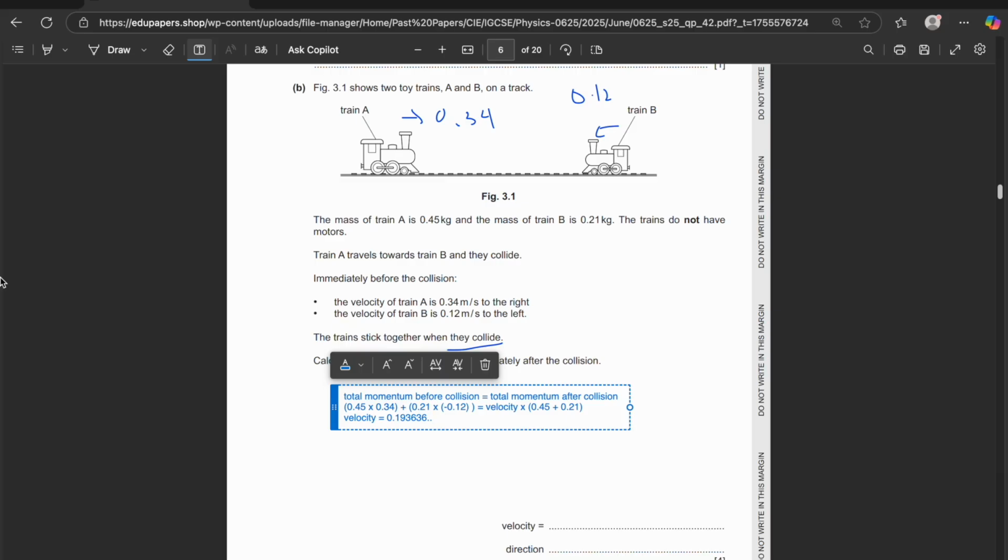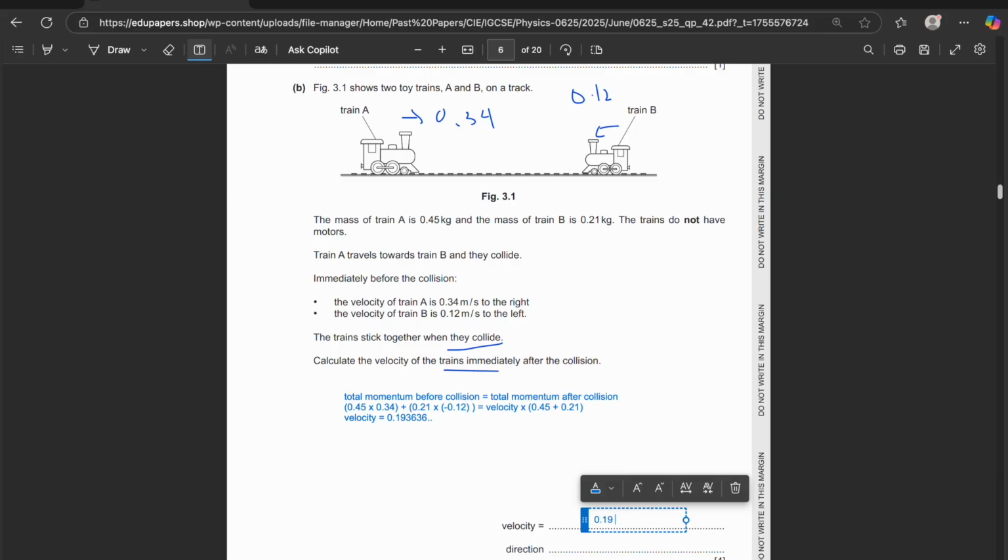If we round that, we get 0.19 meters per second. And for direction, because it is positive and we set the positive to the right direction, we can say it is to the right.